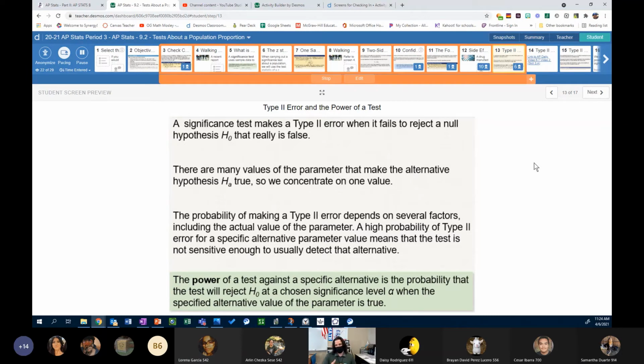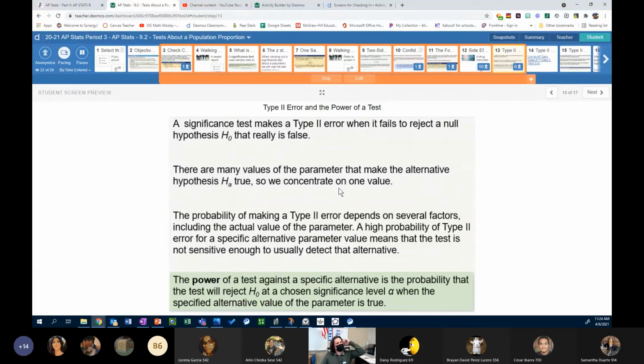A type 1 error is rejecting the null hypothesis when the null is true. There are many values of the parameter that make the alternative hypothesis true, so we concentrate on one value. There's an infinite number of possibilities, right? So we just pick one.